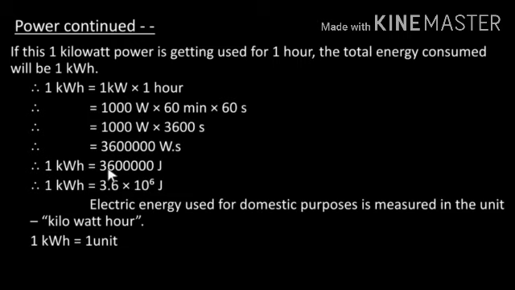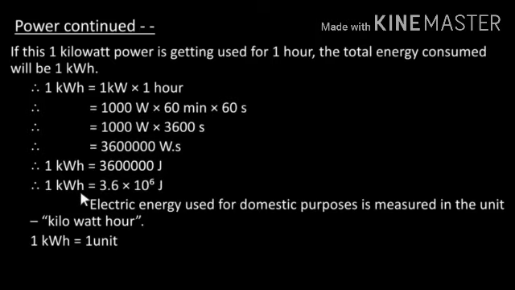We put the decimal point at this place, that means 3.6. To make this, we have to divide this value by 10 lakh, and also multiply it by 10 lakh. Then the value will not change. Therefore, we get 3.6 into 10 raised to 6 joule.